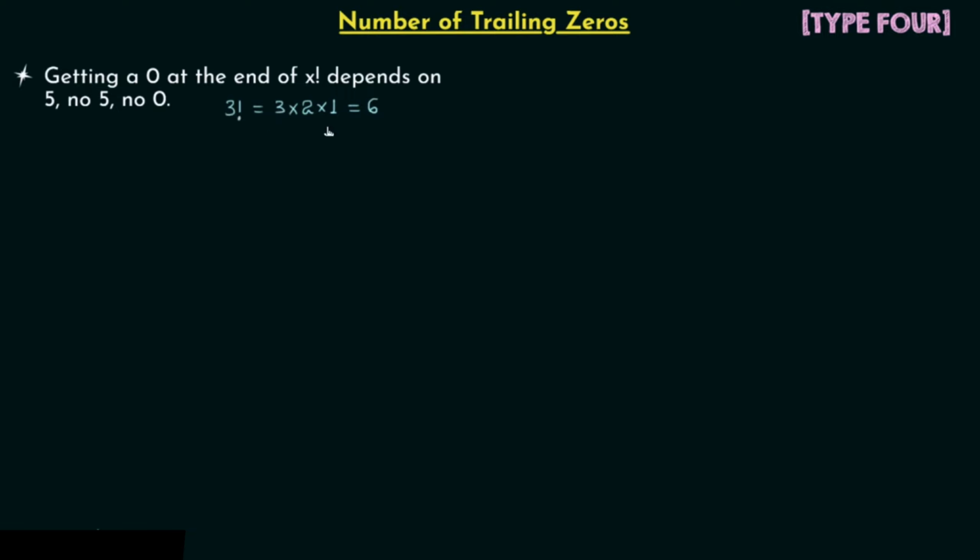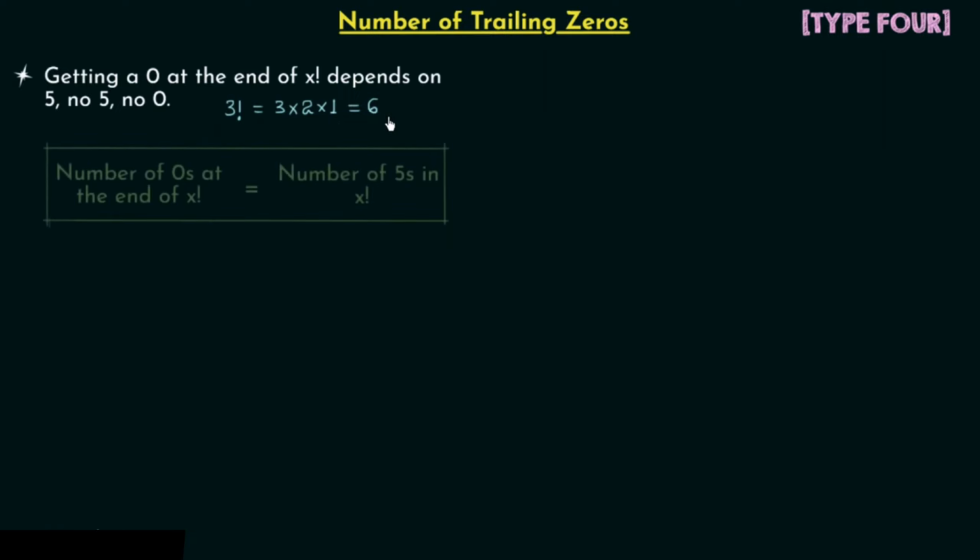And when you see the expansion, you will find there is no 5 in the expansion and hence there is no 0 at the end. And with this, we can conclude the number of zeros at the end of x factorial is equal to the number of 5s in the x factorial. And now we will solve few more examples to understand this better.